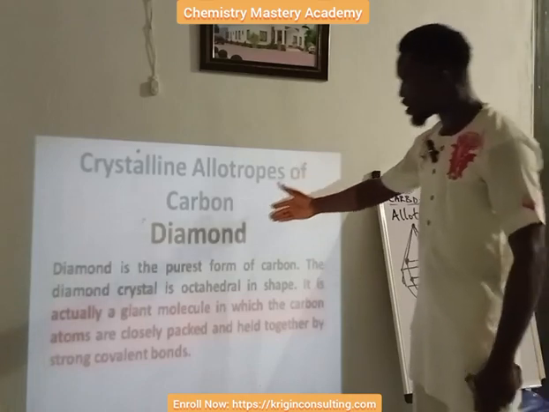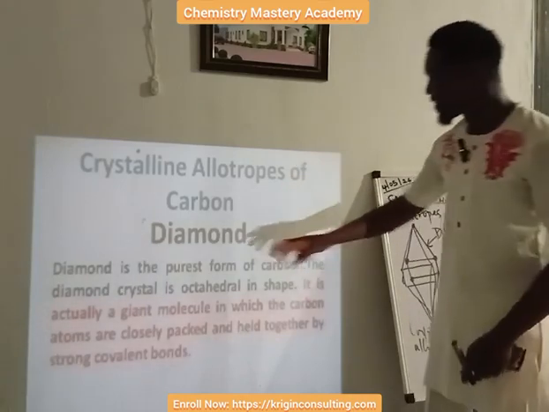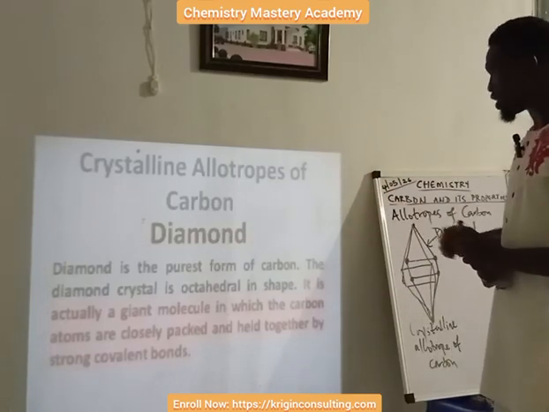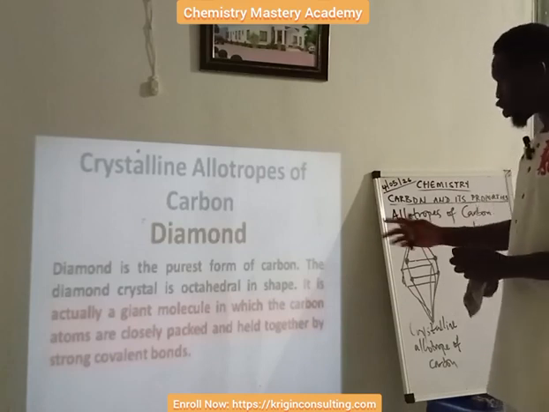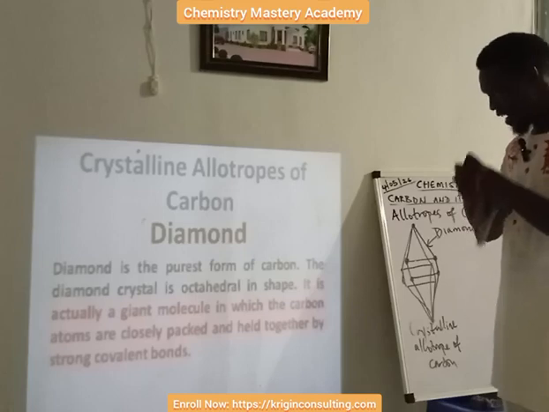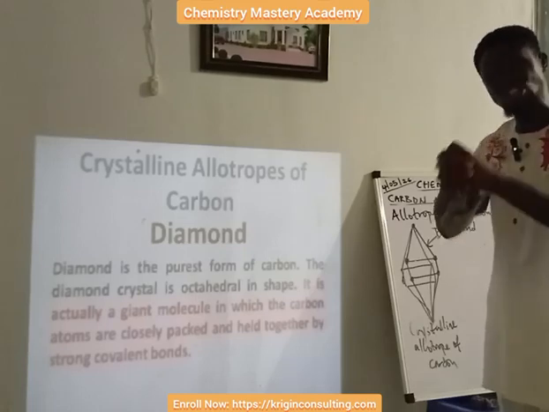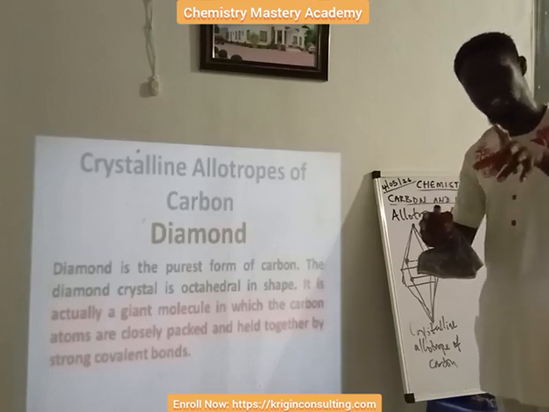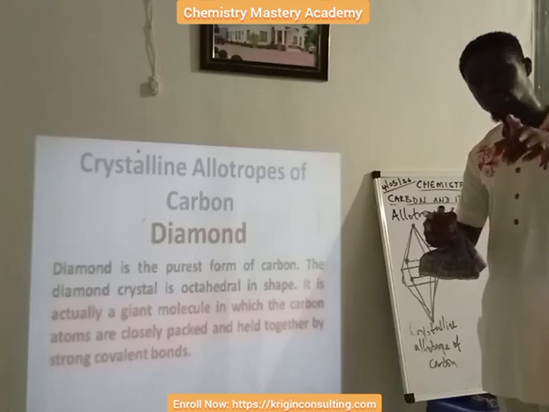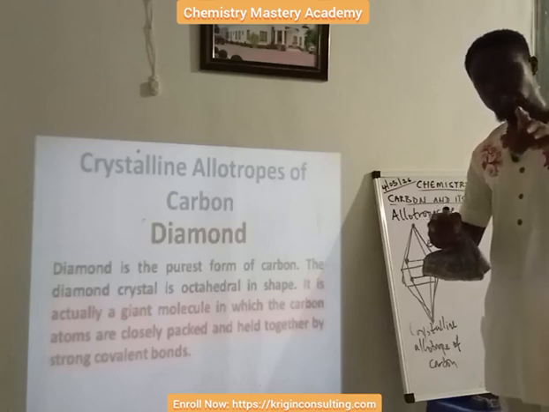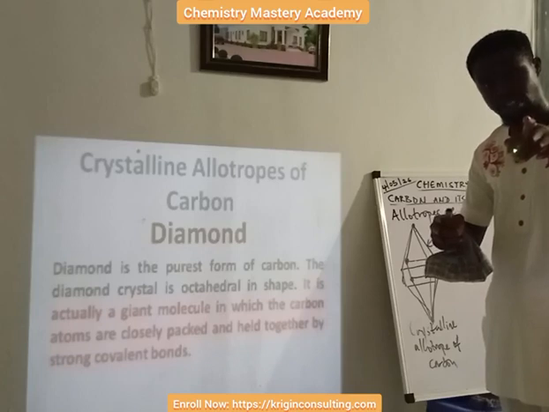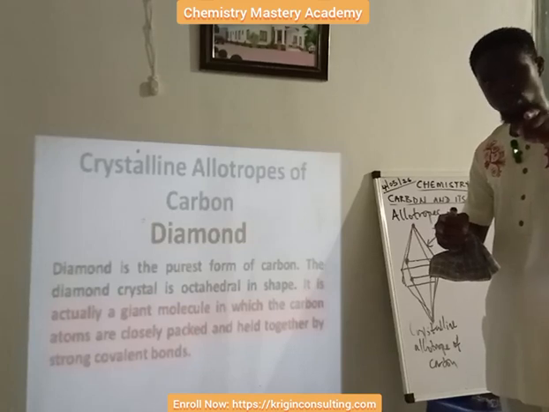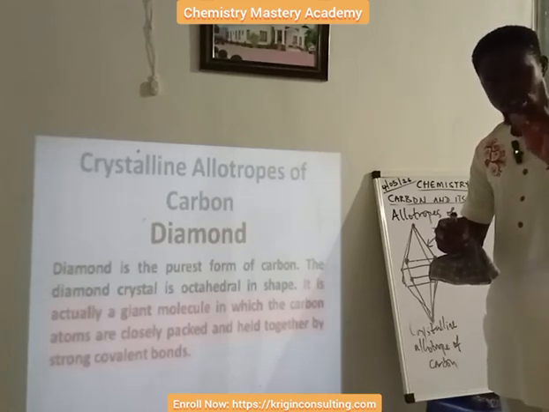Now, what is diamond? It is actually a giant molecule in which the carbon atoms are closely packed and held together by strong covalent bonds. You know, when I introduced this class, I made mention that carbon undergoes covalent combination, right? And the specific covalent combination that carbon undergoes is what we call coordinate covalent combination.